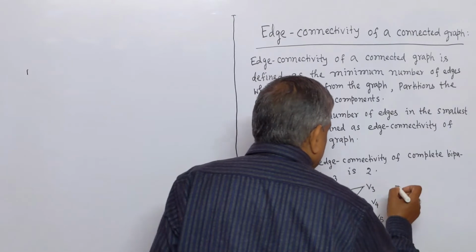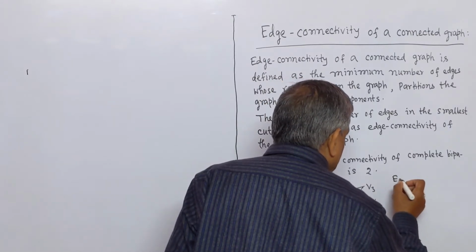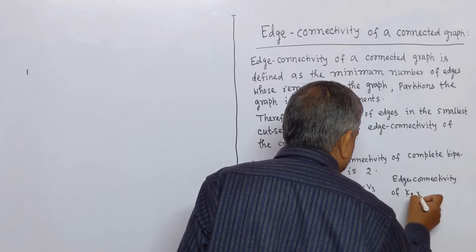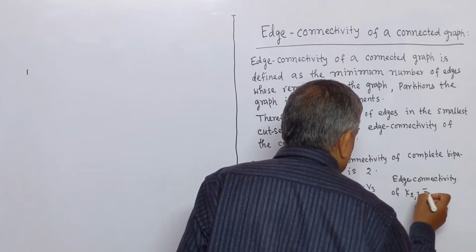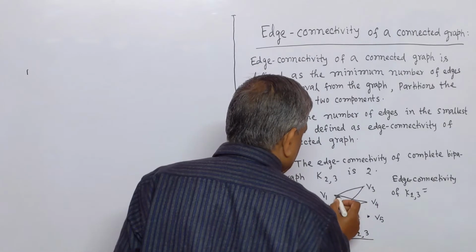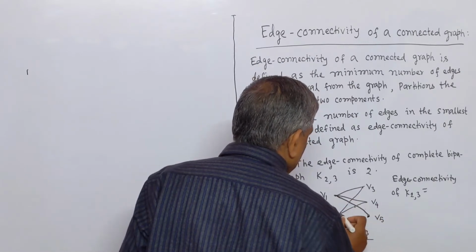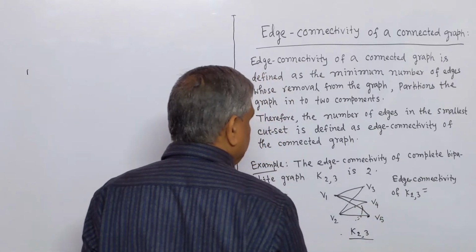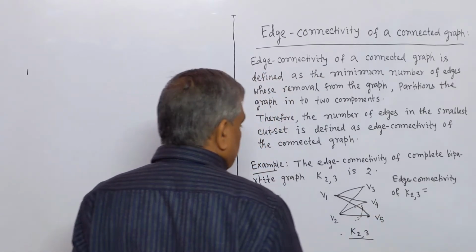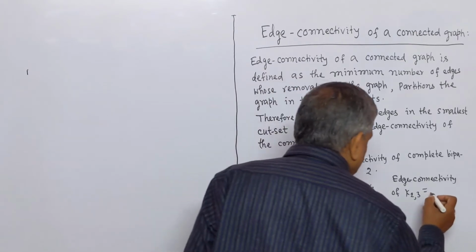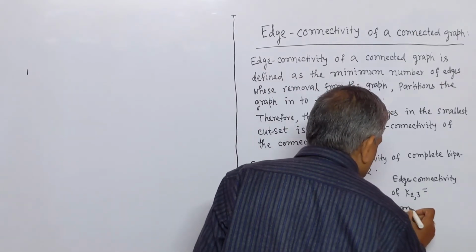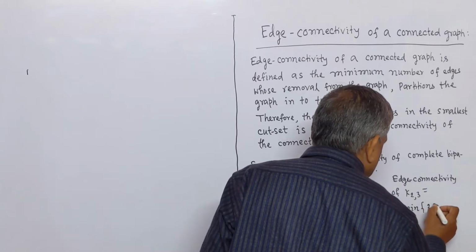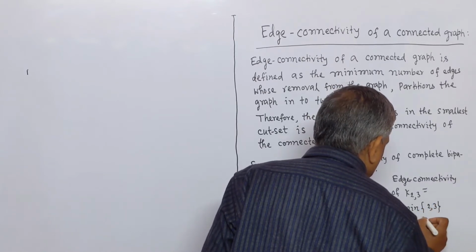So edge connectivity of K23 equal to, here we have removed two edges. These two edges have been removed. So here we write minimum of 2 and 3, that is 2.